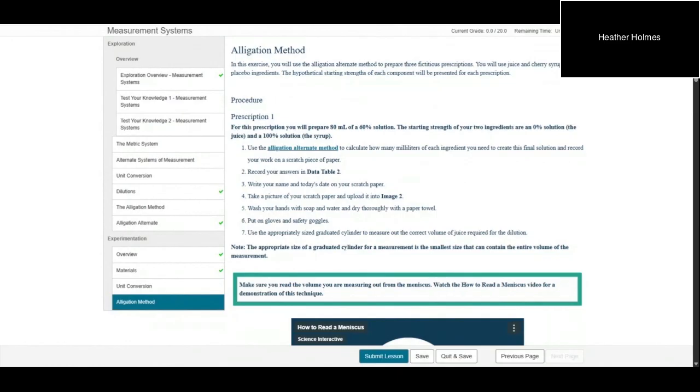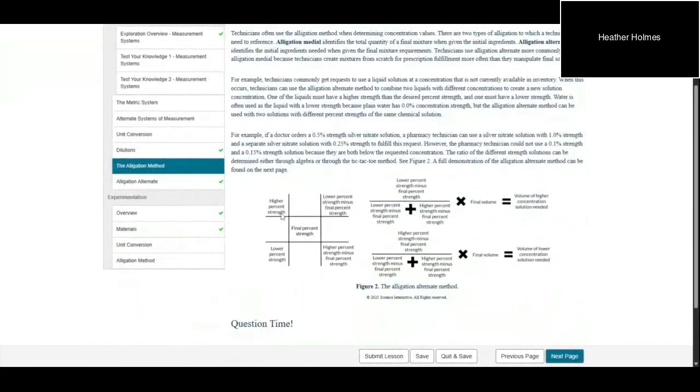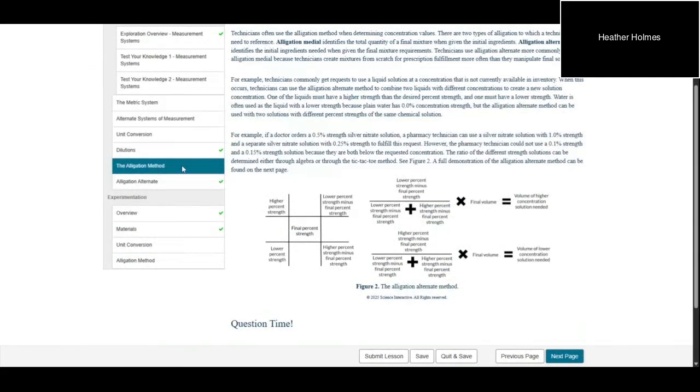So this is going to be the alligation method. This is where you use that tic-tac-toe portion, and you can just go over here and click it and it'll go right to it. And you can reference it, so you can set up your math for them.